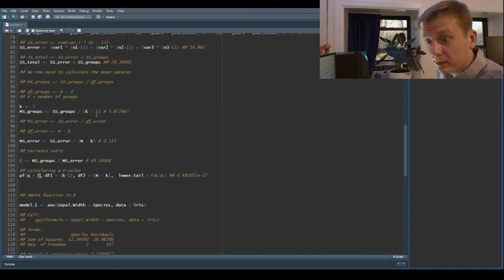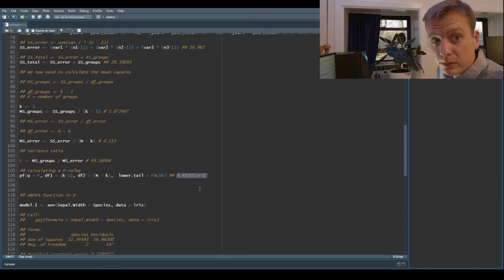You can double check this by looking at how we calculated the mean squares for groups or for error. And then, since this is an F test, we are only interested in the upper tail, so lower dot tail equals false. Now we get a result of 4.49 times 10 to the negative 17.